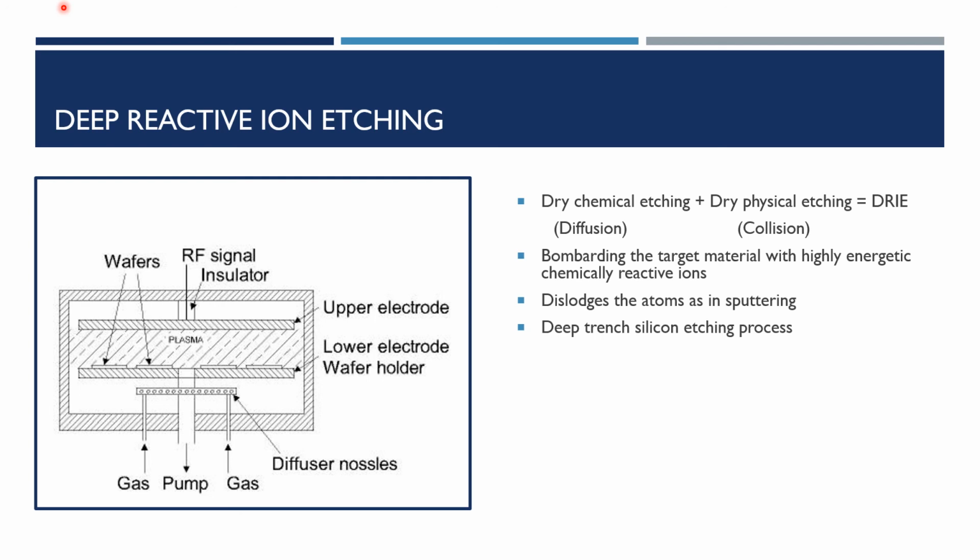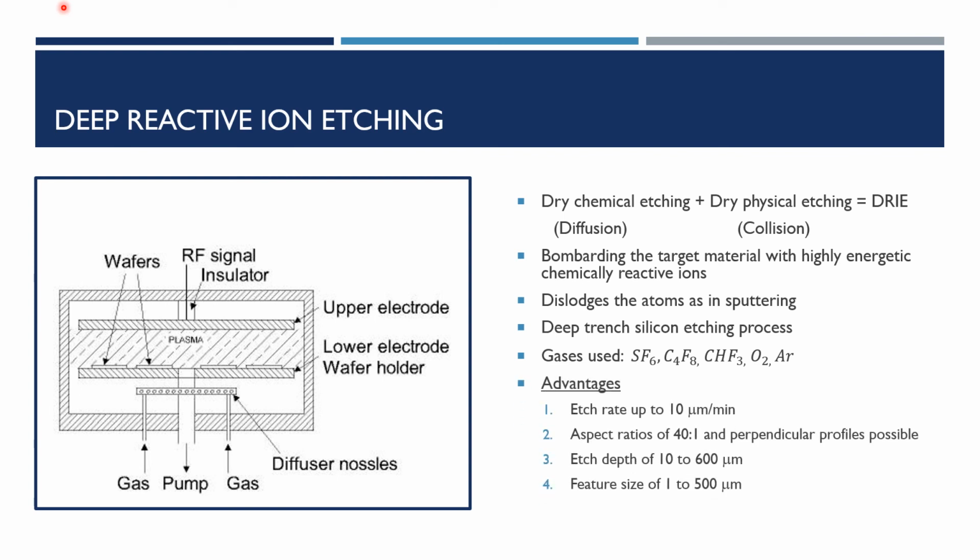Now this method can give high aspect ratio features, hence it is also known as the deep trench silicon etching process. A variety of gases can be used in this process, which are sulfur hexafluoride, octafluorocyclobutane, fluoroform, oxygen, argon, etc.